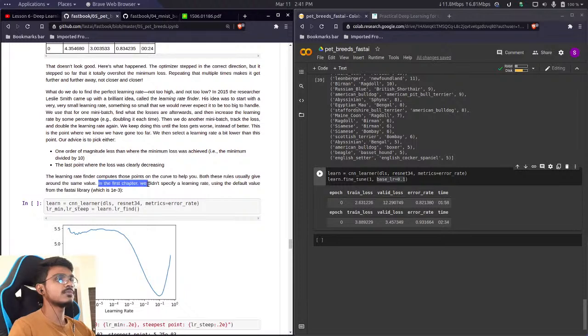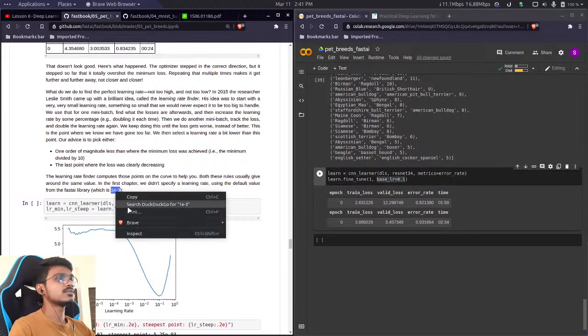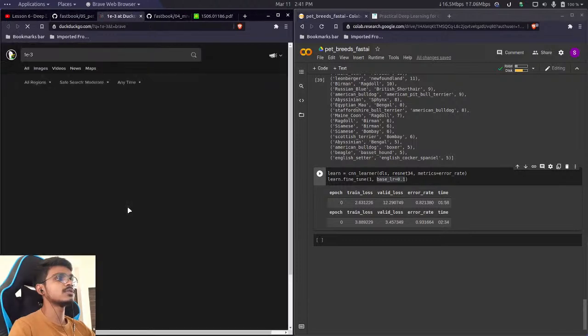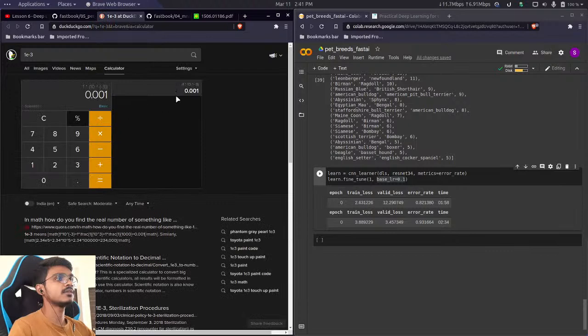In the first chapter we didn't specify a learning rate, using the default value from the FastAI library, which is 1e-3. 1e-3 means 0.0001, right?